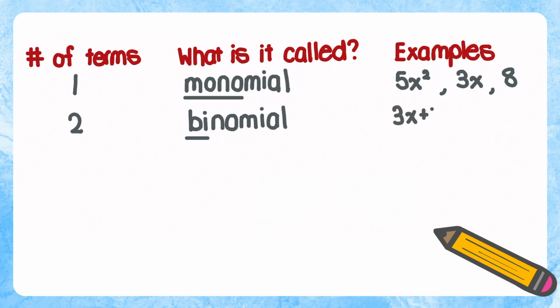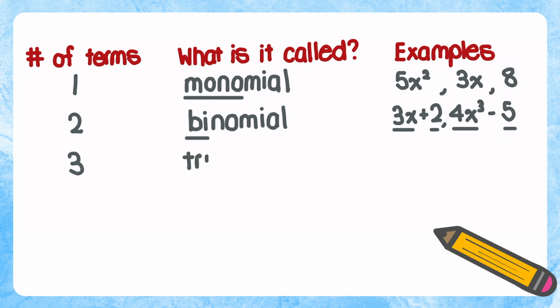An example would be 3x plus 2 or 4x cubed minus 5. So we have 1, 2 terms, 1, 2 terms. So these are binomials.